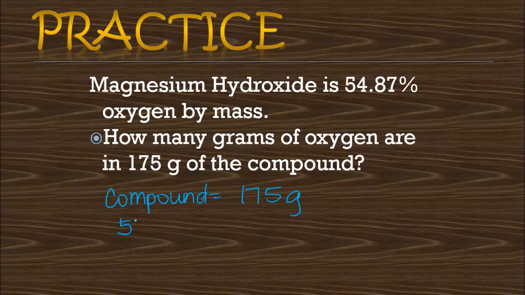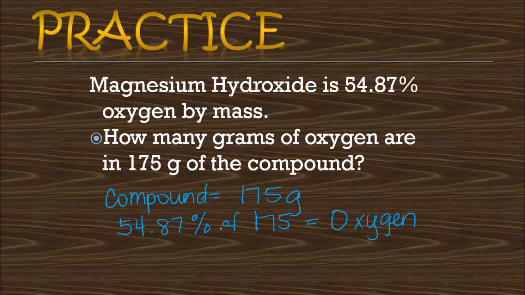I know 54.87% of 175 is oxygen. So how do I do this? I'm going to do straightforward math. I'm going to find a percent of a whole.